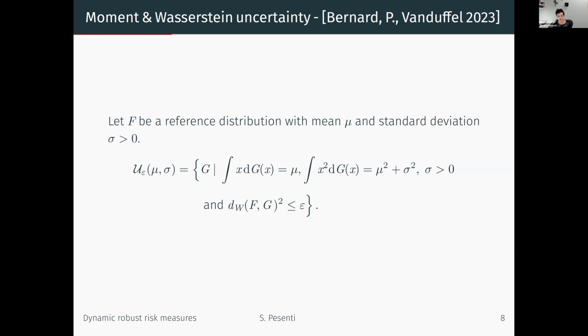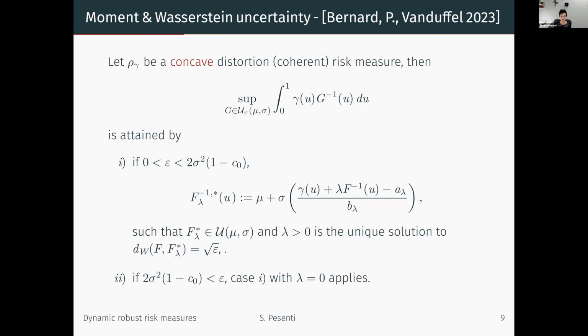Then we define our uncertainty set as all distribution functions that share the same mean and standard deviation as the reference distribution, but also lie within an epsilon distance of the reference distribution, again specified with the Wasserstein distance of order 2. So this is the combination of these two uncertainty sets.